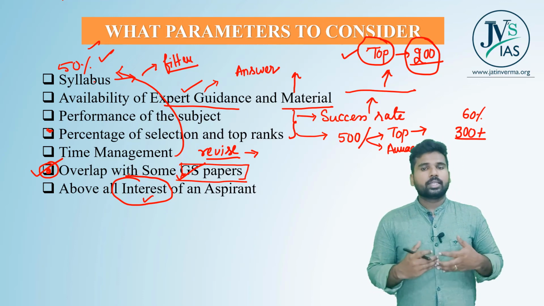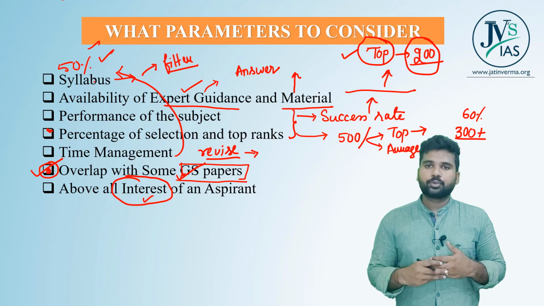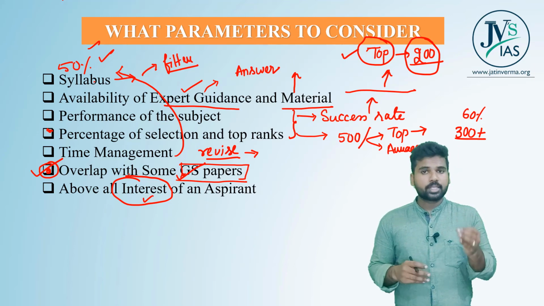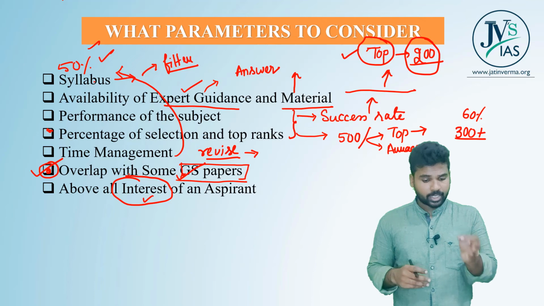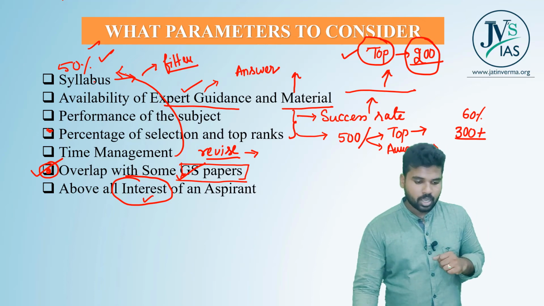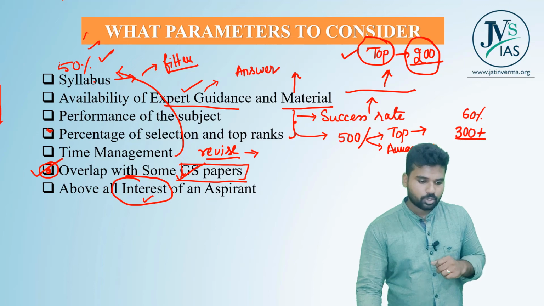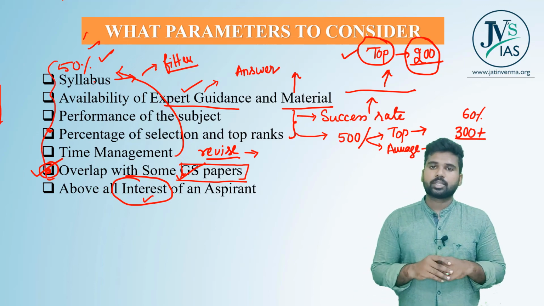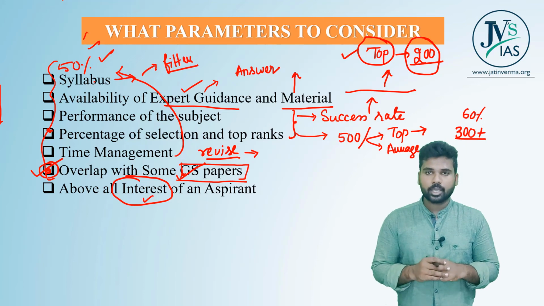If this interest is there, then definitely you can perform very well in that particular subject. So that is the most important factor, which is above all whatever we have discussed so far, okay. Above all of them, your interest in that particular subject is the most important factor, okay.